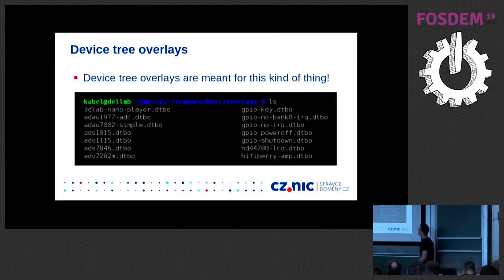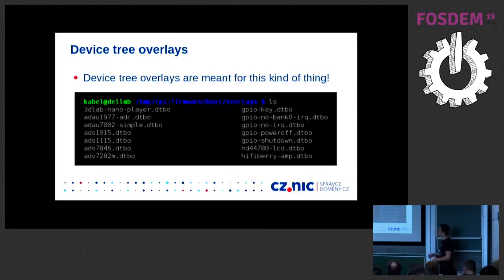Normally, for this kind of thing, there are device tree overlays. Device tree overlays are a special kind of device tree binaries, which the bootloader can overlay over a normal device tree, and it will change the original device tree binary.